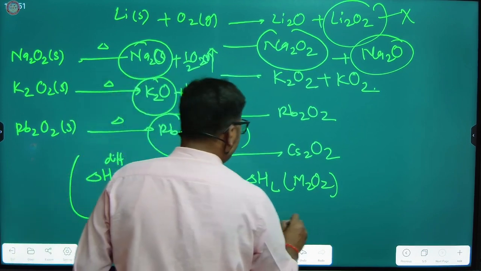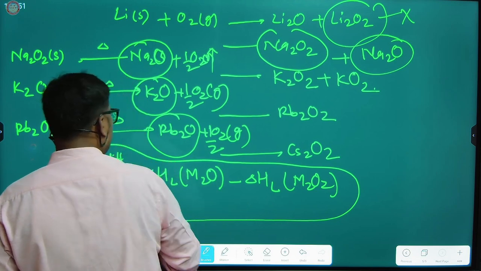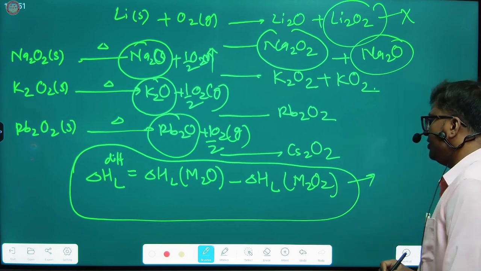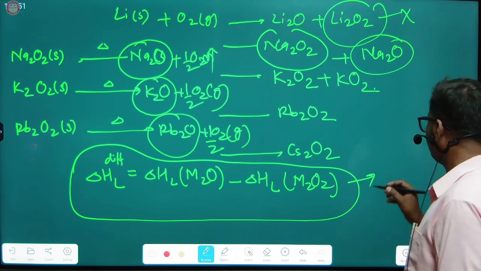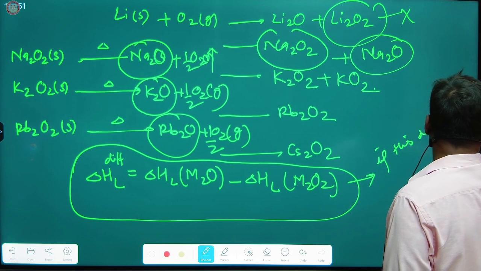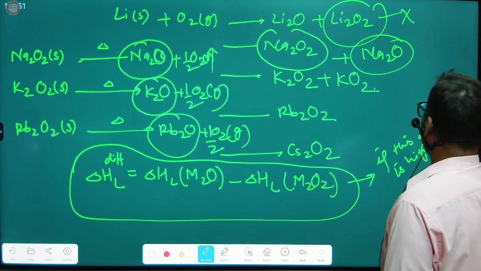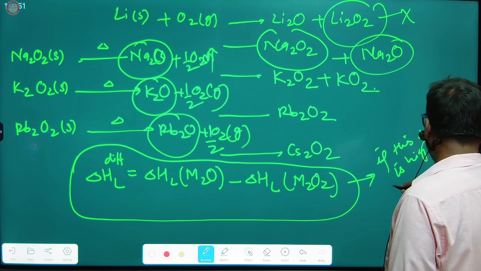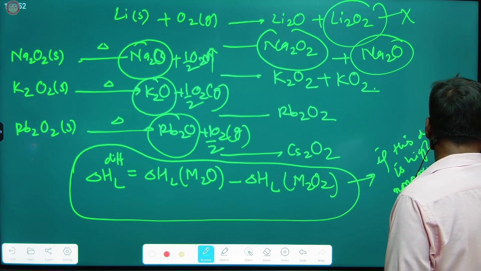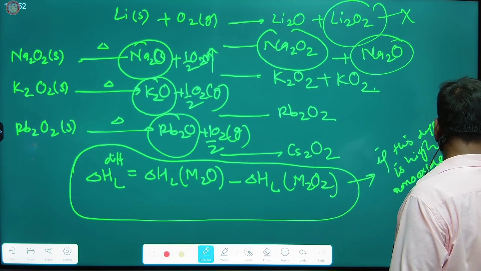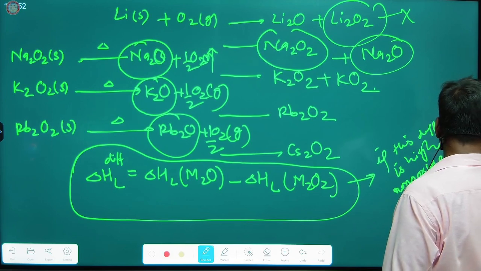If this difference is high, it means the product is stable, so the monoxide is stable on the product side, right?